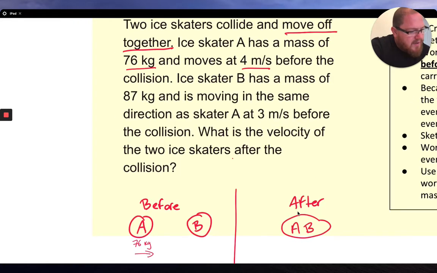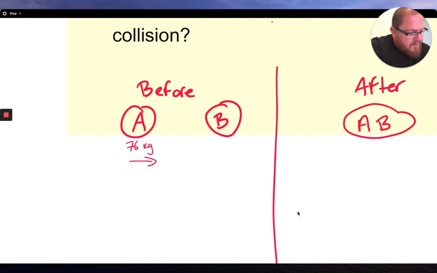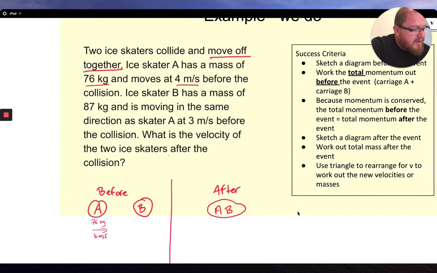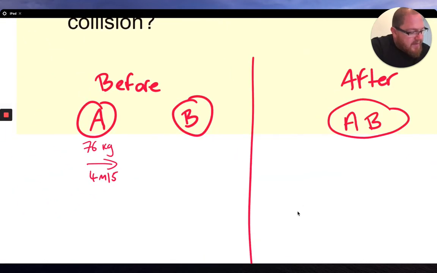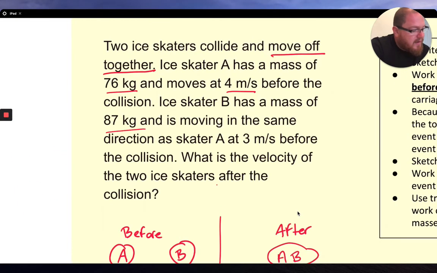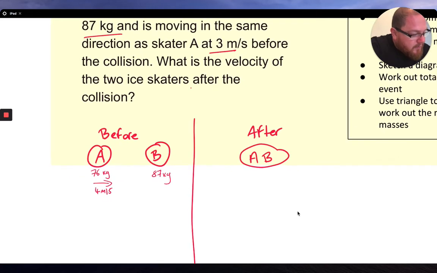Skater B has a mass of 87 kilograms, and it's moving in the same direction, which is important now, at 3 meters per second. So you can see that this skater is moving faster than this skater, so it's eventually going to collide.